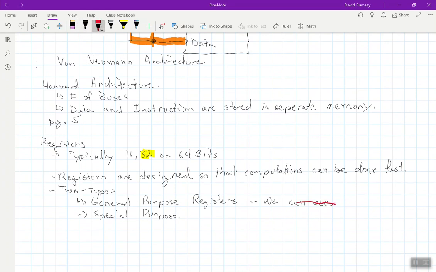The special purpose registers, as their name would imply, are for special purposes.